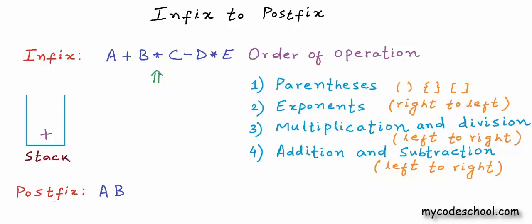Okay, so right now in this expression, while parsing from left to right, we are at this multiplication operator. The multiplication operator itself cannot go into the postfix expression because we have not seen its right operand yet, and until its right operand is placed in the postfix expression, we cannot place it. The operator that we would be looking at while parsing, that operator itself cannot be placed right away.